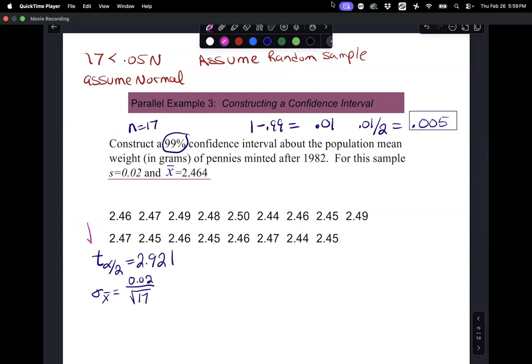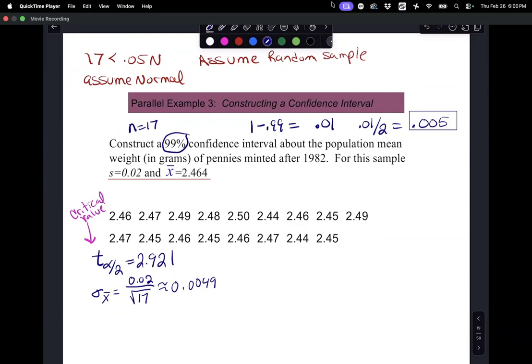I'm going to label that critical value. So do not subtract 1 when you're finding the standard deviation. So I have approximately 0.0049. Is that what you got? Seems right. I just wanted to make sure if anybody else is using their calculator that they got the same thing.